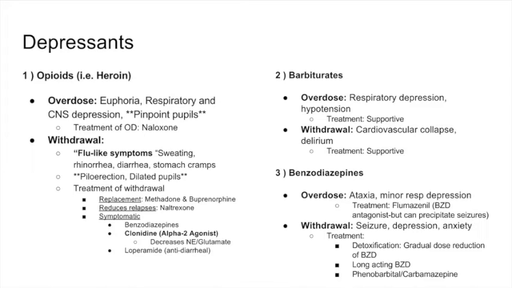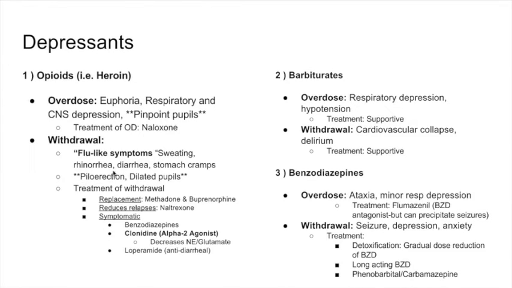The treatment of overdose that is very important and very high yield is naloxone. And I believe Mike spoke to you about naloxone. So that's overdose. Withdrawal happens when you are constantly using opioids and you stop. You get flu-like symptoms, so sweating, rhinorrhea, runny nose, diarrhea.